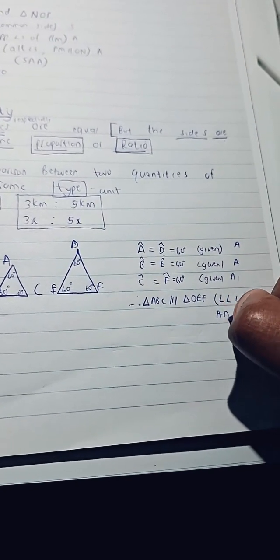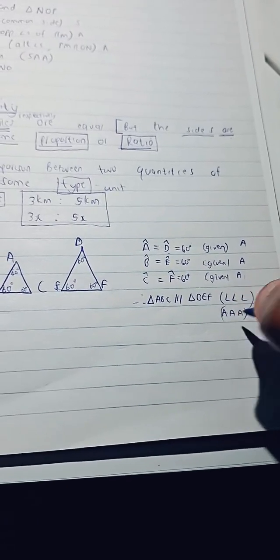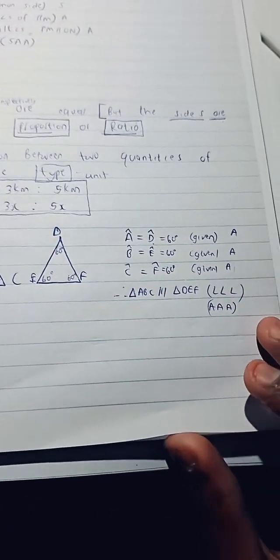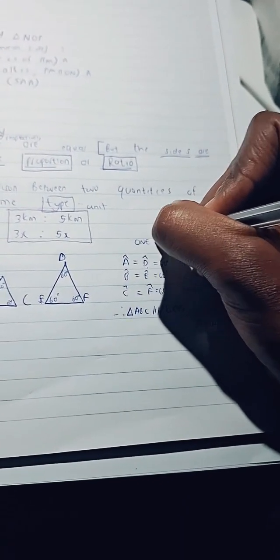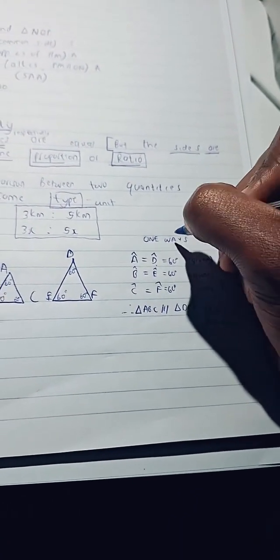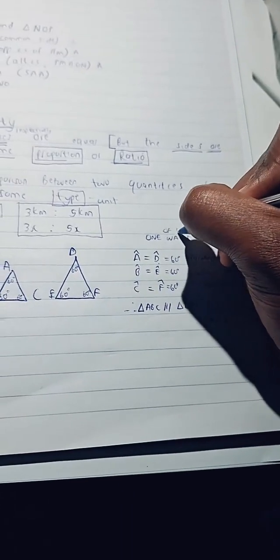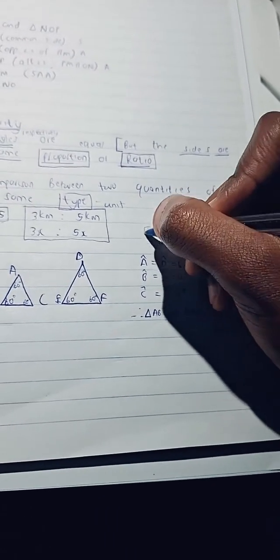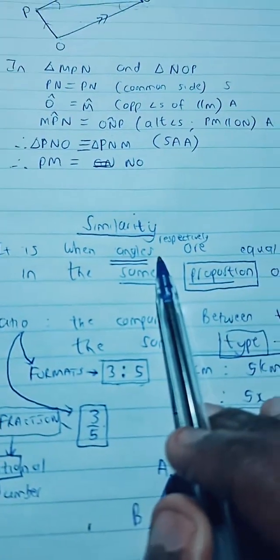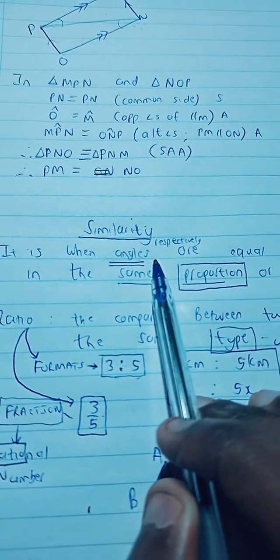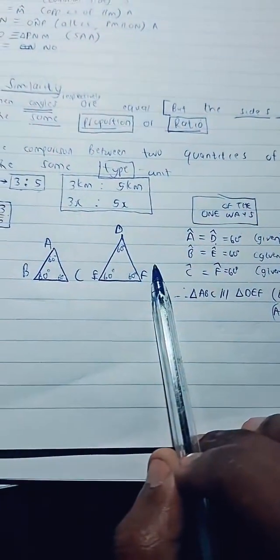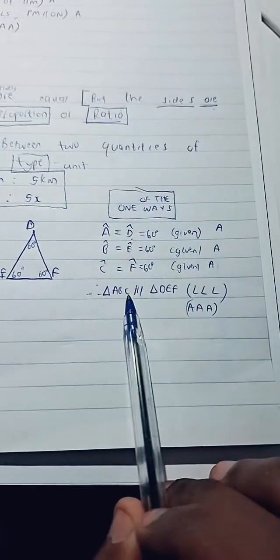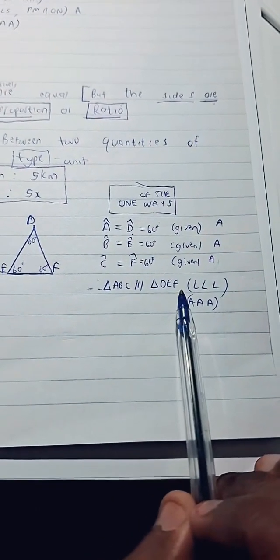Or we could say A, A, A. This is one of the ways of proving similarity of triangles. If you can prove the equality of angles respectively for the given triangles that you have, then you can conclude similarity.